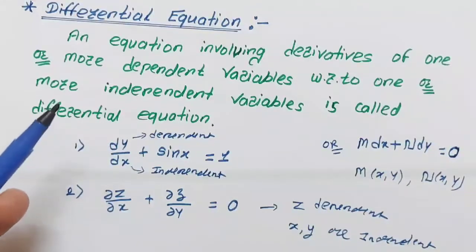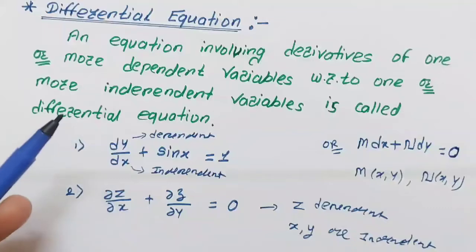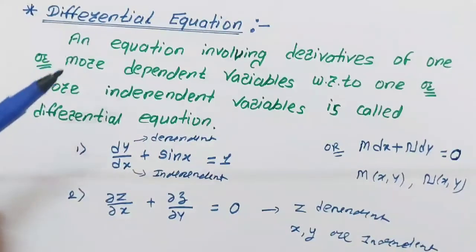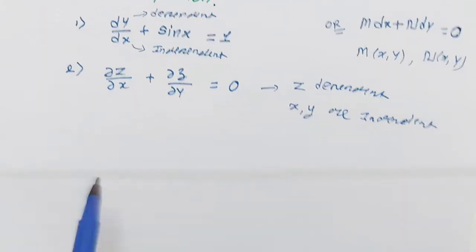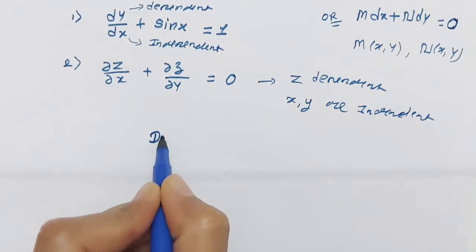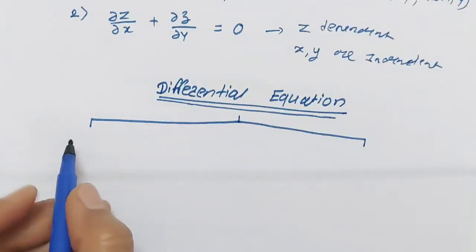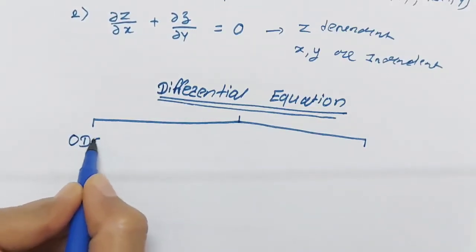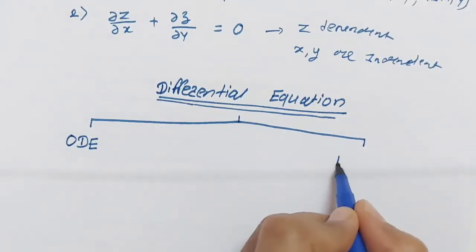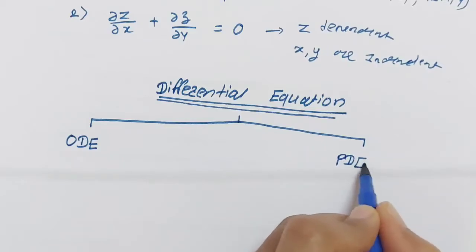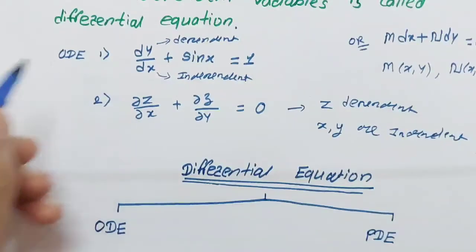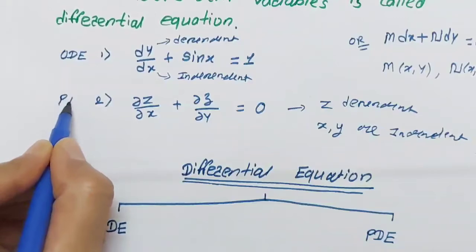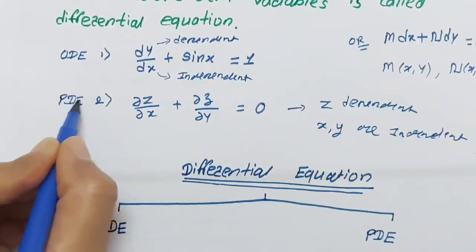So with the help of this concept, we are dividing differential equations into two parts. There are two types of differential equation: first is ordinary differential equation and second is partial differential equation. This is the example of an ordinary differential equation and the second example is a partial differential equation.